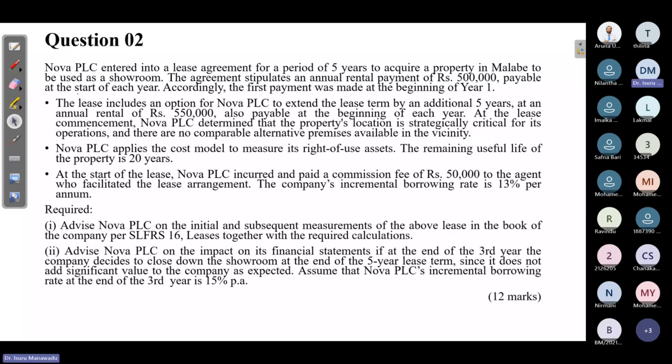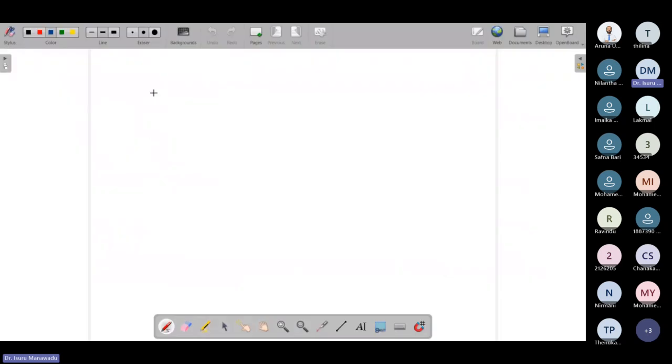Normally, you will be given questions at the end of the year. But here, the examiner has given you start of the year. That means the installment will be paid at the beginning of the year. Accordingly, the first payment was made at the beginning of year 1. Beginning of year 1 in the sense year 0. Right? We'll draw a timeline like this.